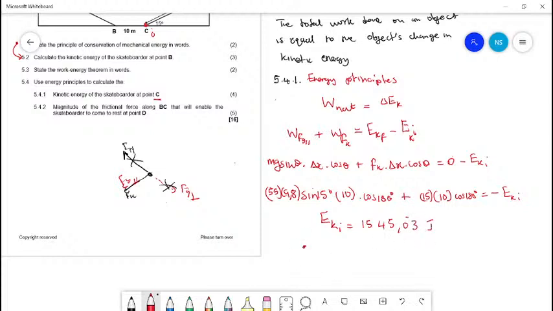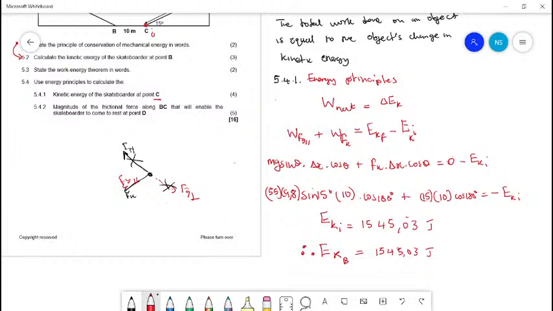So therefore, the Ek at B will give us 1545.03 joules.